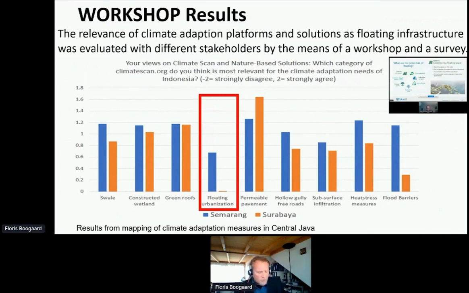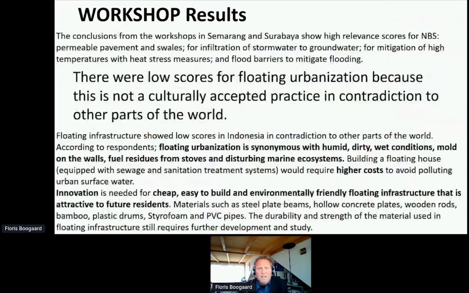And of course, we dive into the different reactions that we had to floating urbanization. It had mostly low scores because they did not find it very accepted in practice, so culturally accepted in this case. Most things that were mentioned were that it's synonymous with humid, dirty, wet conditions, mold on the walls, and pollution, because it could disturb marine ecosystems, which is the topic of this session, of course.